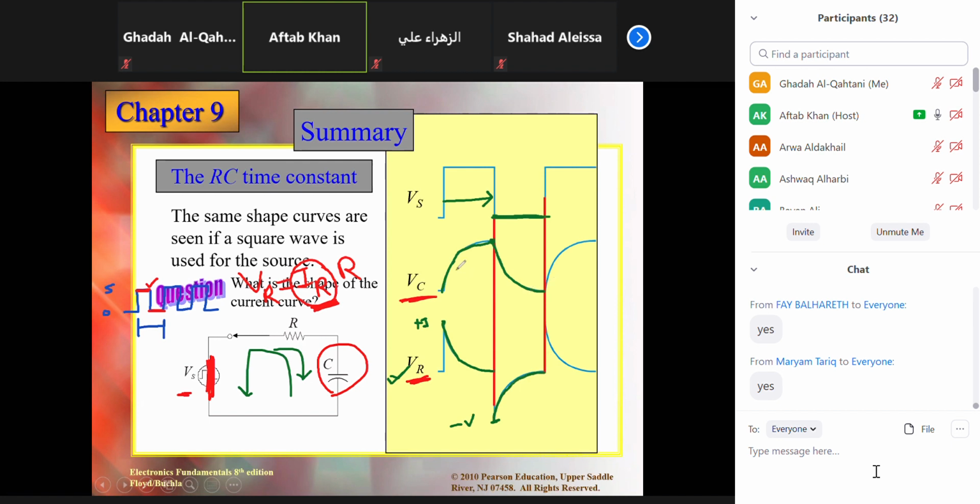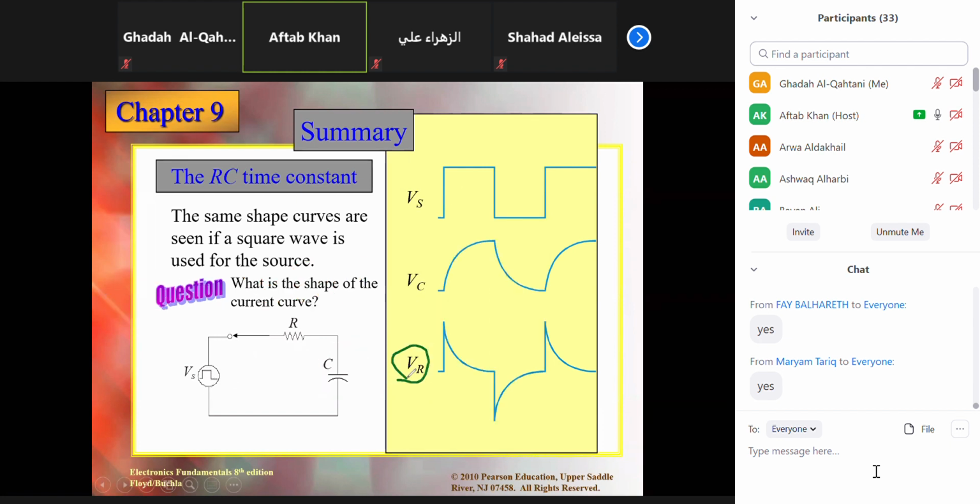So once one cycle is complete, you can understand the second cycle is consequent. It's going to be the same. If I draw the current, the current waveform is going to be exactly the same. I can also say it is IR. IR will also behave like that. So positive current will be up, negative current is shown downwards, as a negative value, if we say this is the zero base. Clear to all?